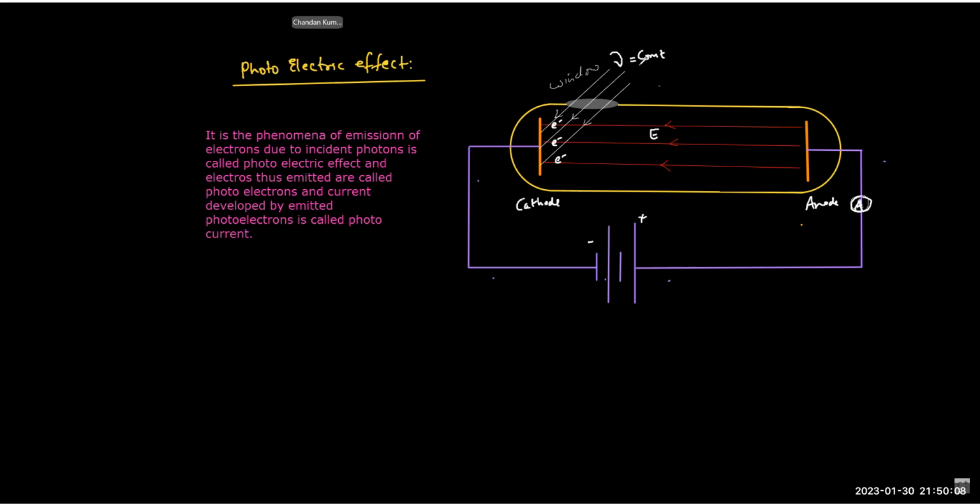If the energy value is not sufficient, it will reflect back and the electron will remain there. When the next photon arrives, it will do the same thing and go back. When the third arrives, it will do the same thing and go back. But if the fourth photon coming has sufficient energy, then it will knock out that electron and show the photoelectric effect.